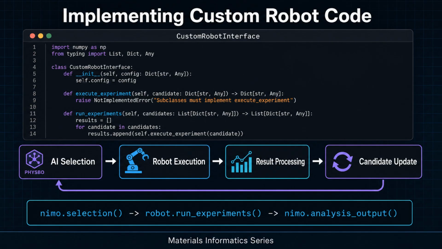The optimization loop cycles through 4 stages: AI selection using PHYSBO or another algorithm, robot execution of the proposed experiments, result processing back to NIMO format, and updating the candidate list with measured values. In your actual code, you would replace the execute experiment placeholder with your real robot control commands, whether that's controlling a sputtering system, a chemical synthesizer, or any other equipment.